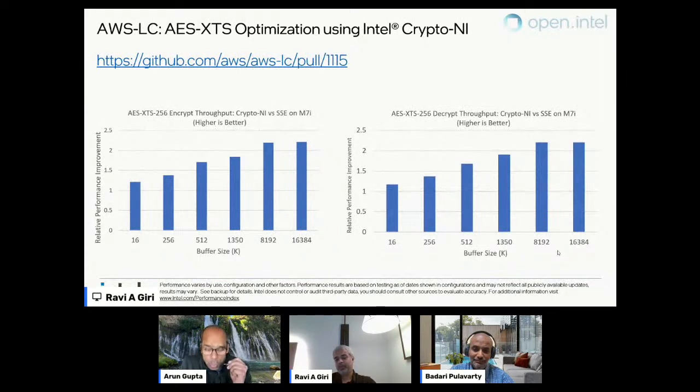So GCM was in flight, XTS is storage at rest. Correct. That's exactly right. So if you think about services in AWS that are probably dealing with connections in flight, the Elastic Load Balancer, the web application firewall, the API gateway, all of these we would expect would benefit significantly when they adopt M7i with these kinds of optimizations that are in AWS LC.